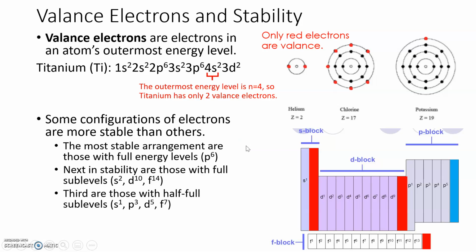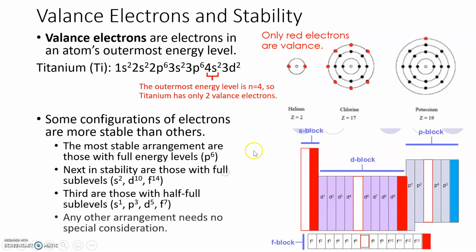Finally, third place is a half full sublevel. So all up arrows, no down arrows at all, but 1 up arrow in every single orbital. Those are S1, D5, P3, and F7. Those are the third best places to be. Any other configuration is not important at all.